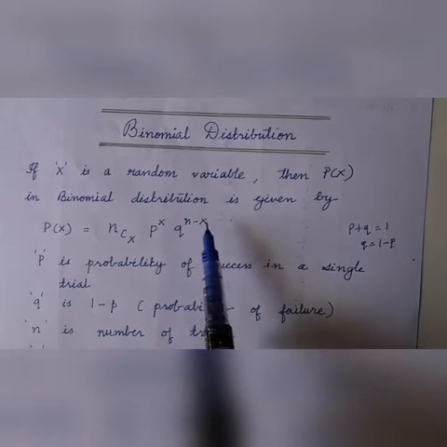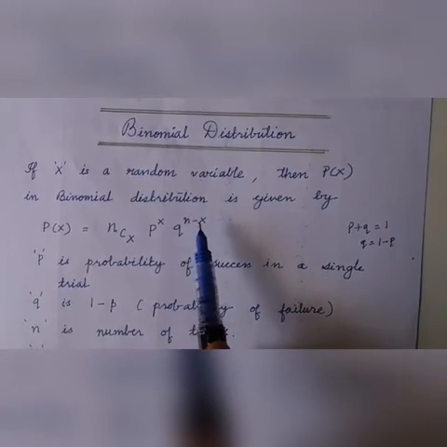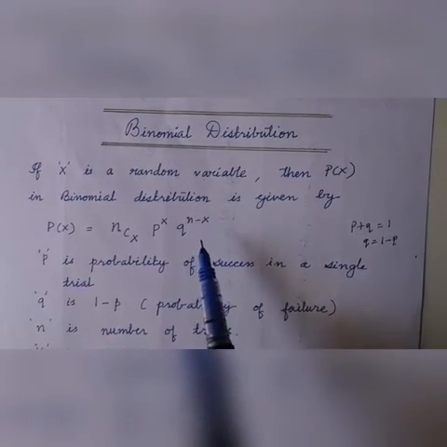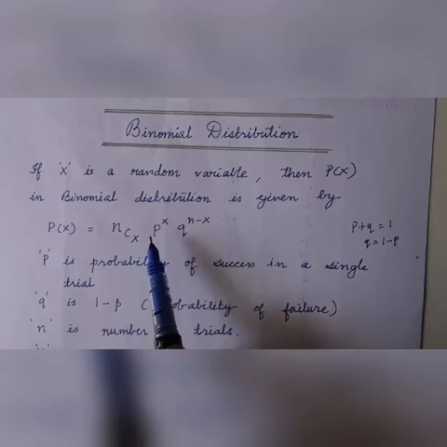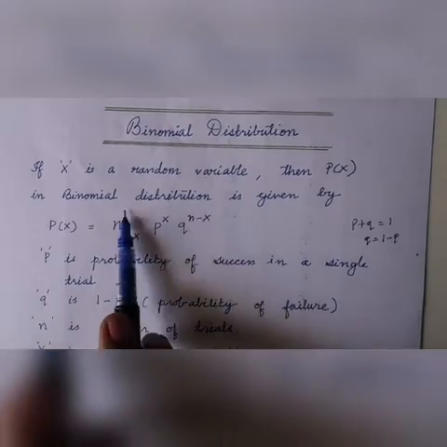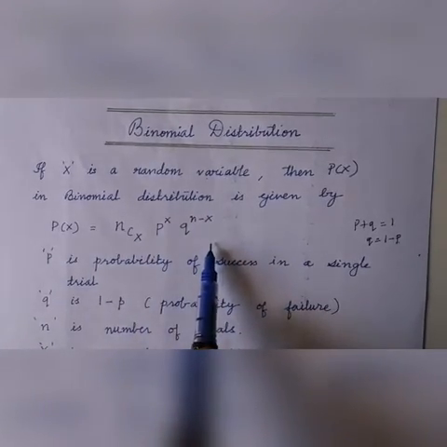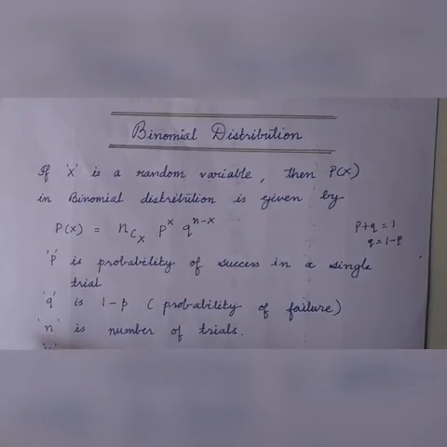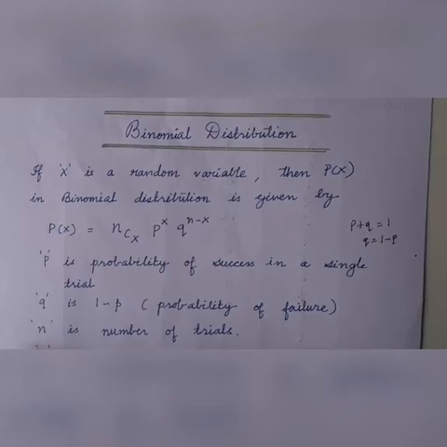Now if we are using discrete data as the value for a random variable, then we use the probability mass function. This is the probability mass function for binomial distribution. If it's a discrete random variable, then the probability function is called the probability mass function.